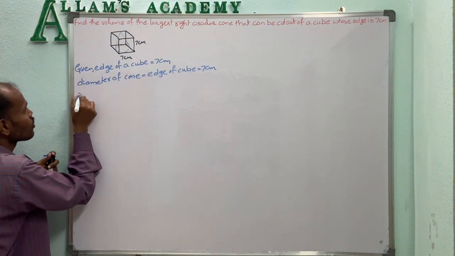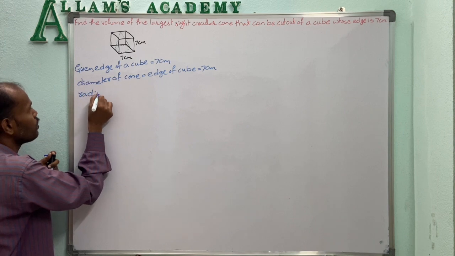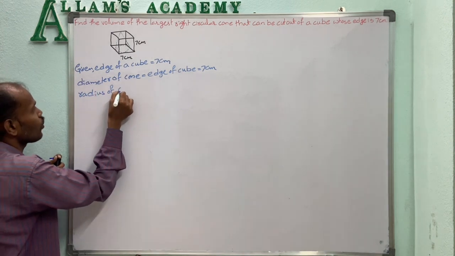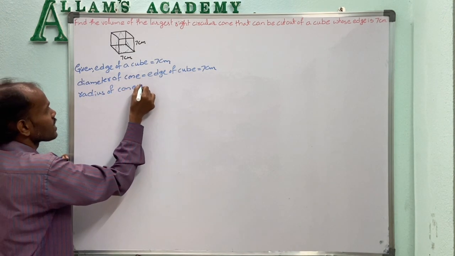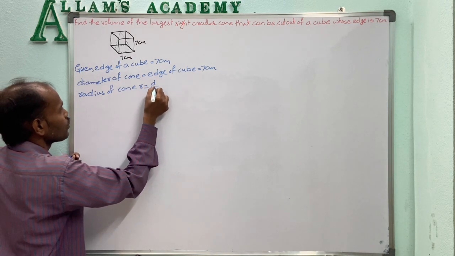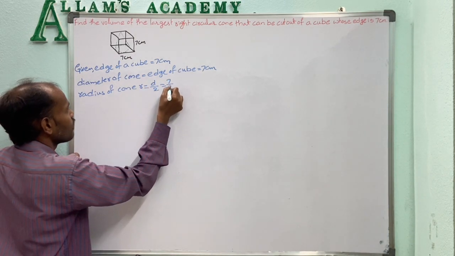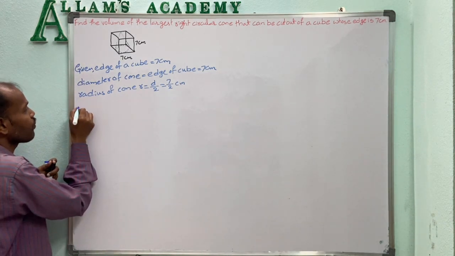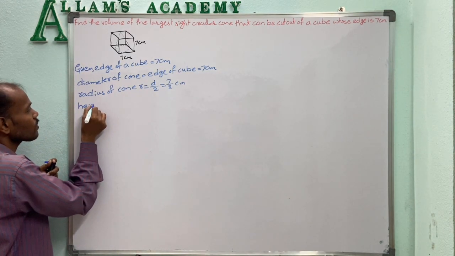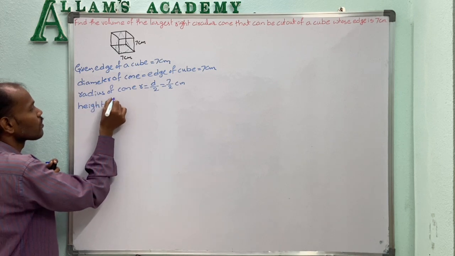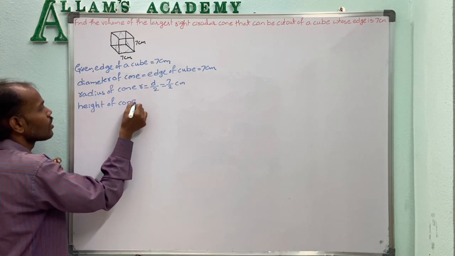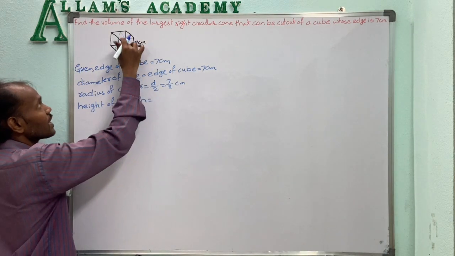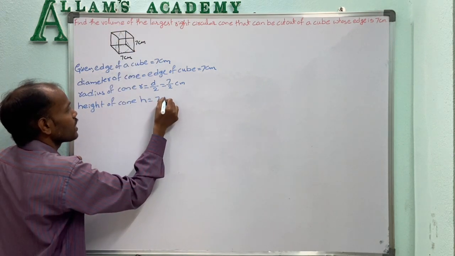Next, radius of cone, that is nothing but half the diameter, that equals 7/2 centimeters. Next, height of cone, so h equals 7 centimeters only.